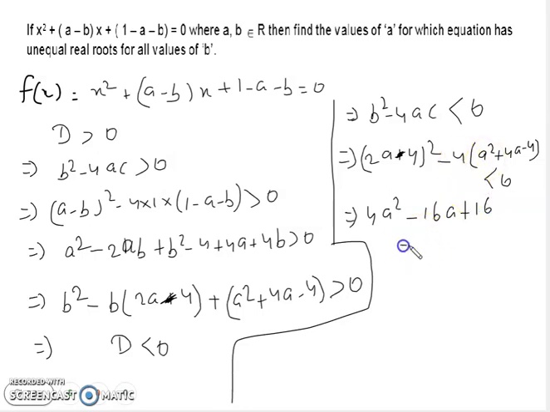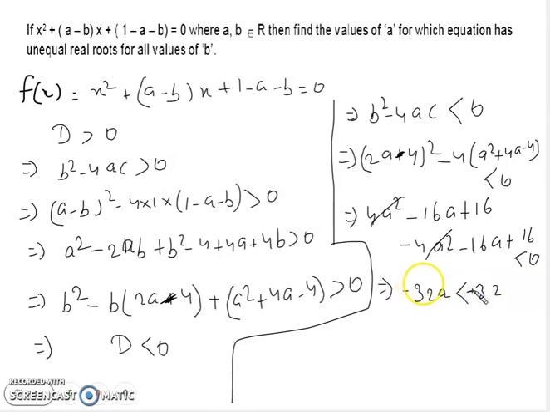Now we can write minus 4a square minus 16a plus 16, which is also less than 0. This and this term will cancel out, and we get minus 32a. When we send the constant term 16 plus 16, that is 32, to the other side, we get less than minus 32.